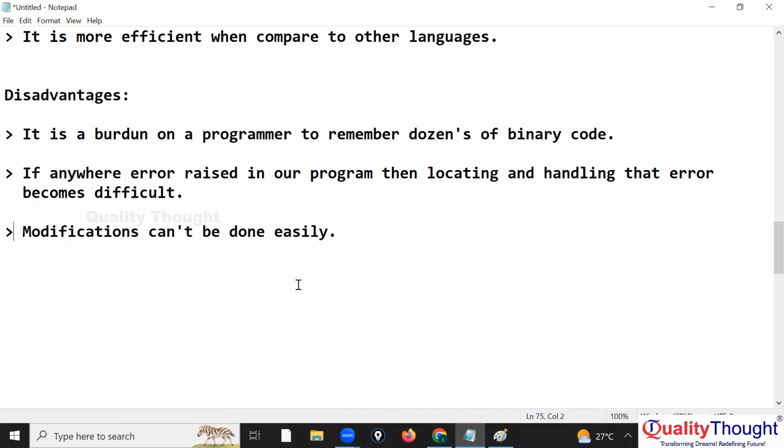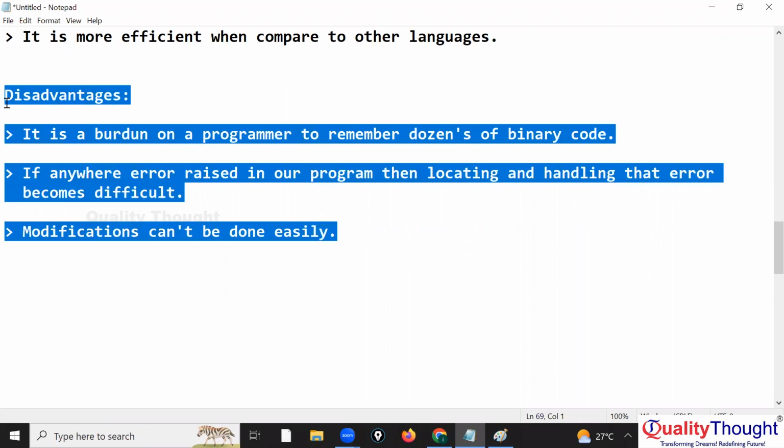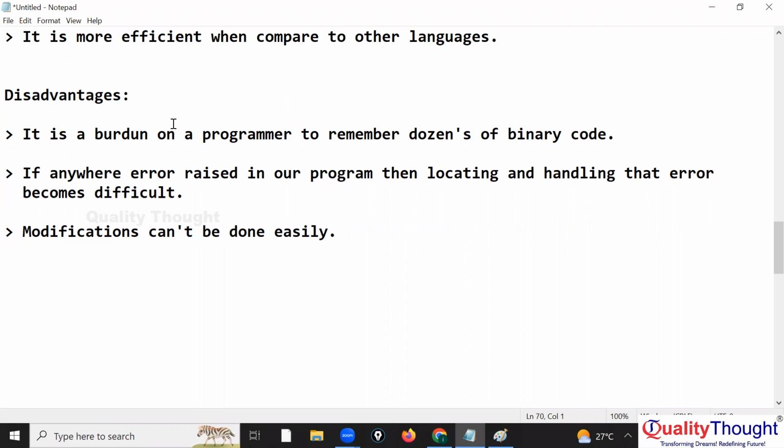So tell me, after having this many disadvantages, can we use machine language in the real time? No, we can't use, because we can't remember binary code. When we can't remember binary code, how can we write the code first? Second thing is, we cannot handle the errors and we cannot do modification also.